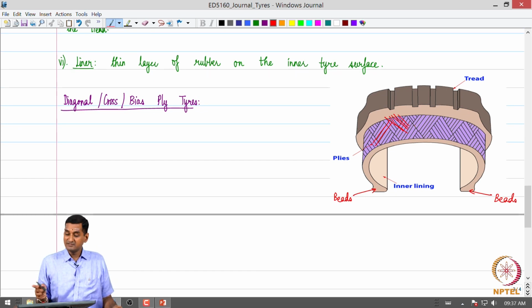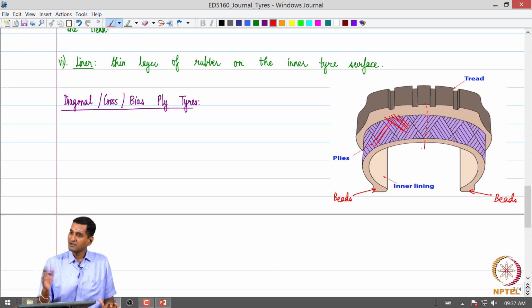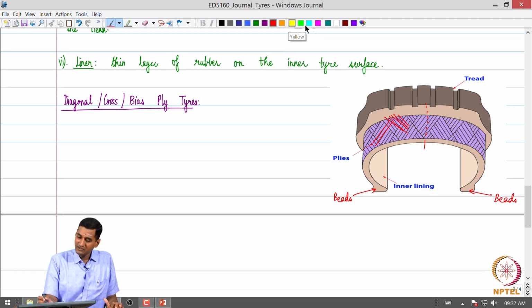For this reason they are called diagonal or cross or bias ply tires. Typically the angle made by these cords with the axis is around 20 to 40 degrees, which is what is called the bias angle. So that is essentially a diagonal or bias ply tire.